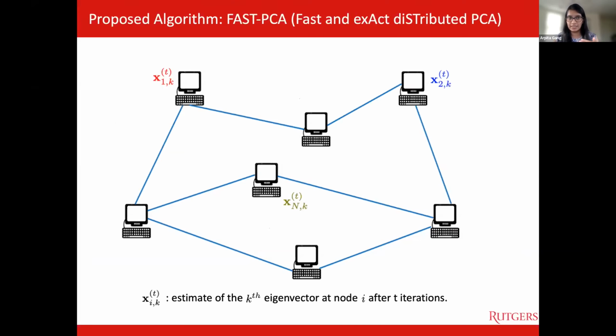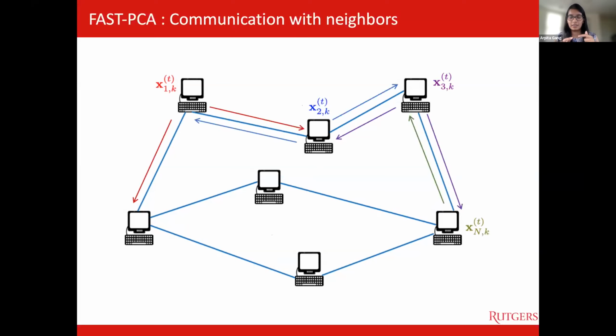In the next step, these estimates are exchanged with only the immediate neighbors. For example, the node colored in red gets exchanged to its two neighbors according to the graph, and so on.